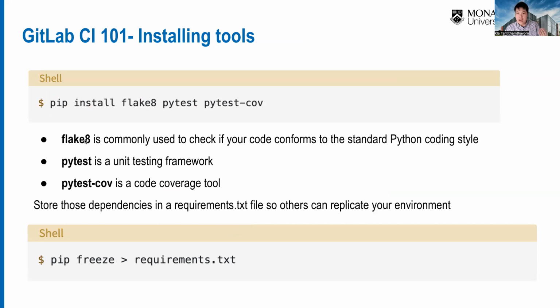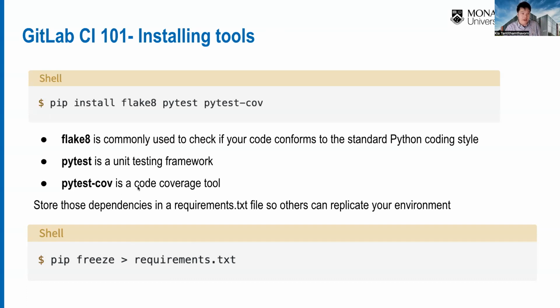We can use Flake8 to ensure that our coding standard is high level and high quality. This is optional. It's not mandatory. PyTest is another testing framework that automatically discovers the test files by itself. Anything that starts with test, okay, it will automatically execute it. So PyTest is the external unit testing framework.